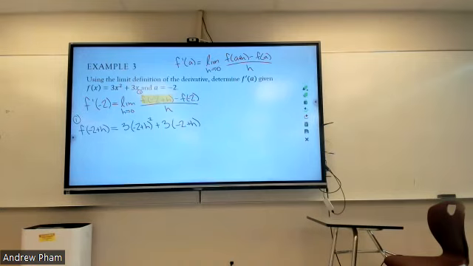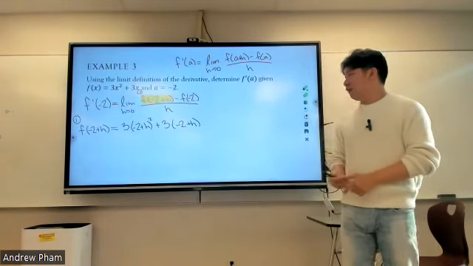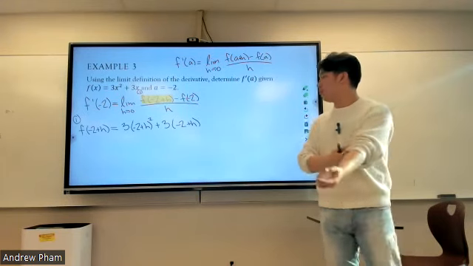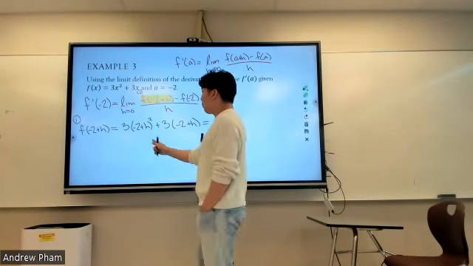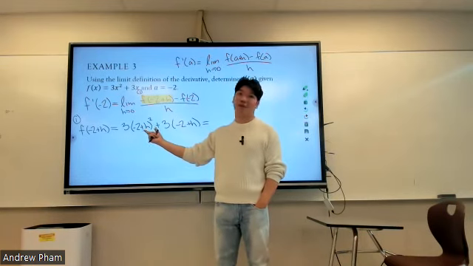And you can see why I'm doing all of these separately, just because we're getting a lot of letters flying around right now. And now I want to go ahead and try to clean this up as much as possible. The first thing I'm going to do is deal with this square right here.